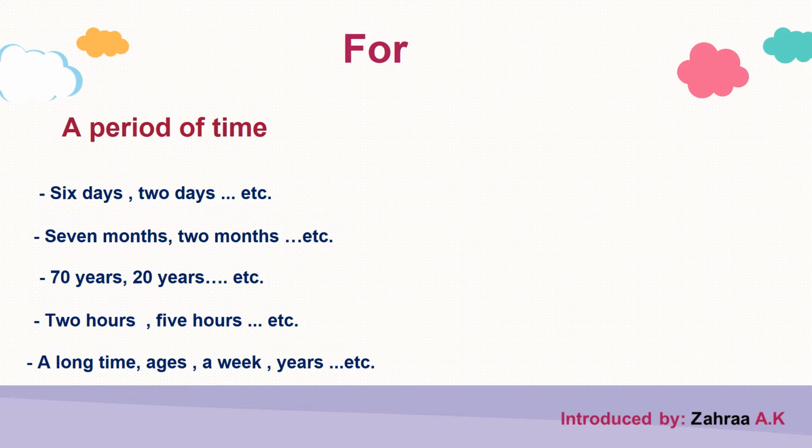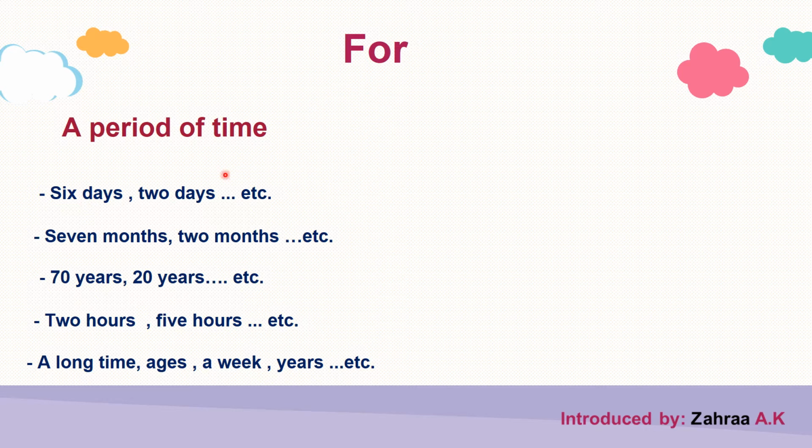For means لمدة. It is a period of time. The meaning of for is a period of time, مدة, but this period is not specific. How is that? In these examples we indicate for 6 days, لمدة 6 أيام, but we did not specify any particular day, so we use for.